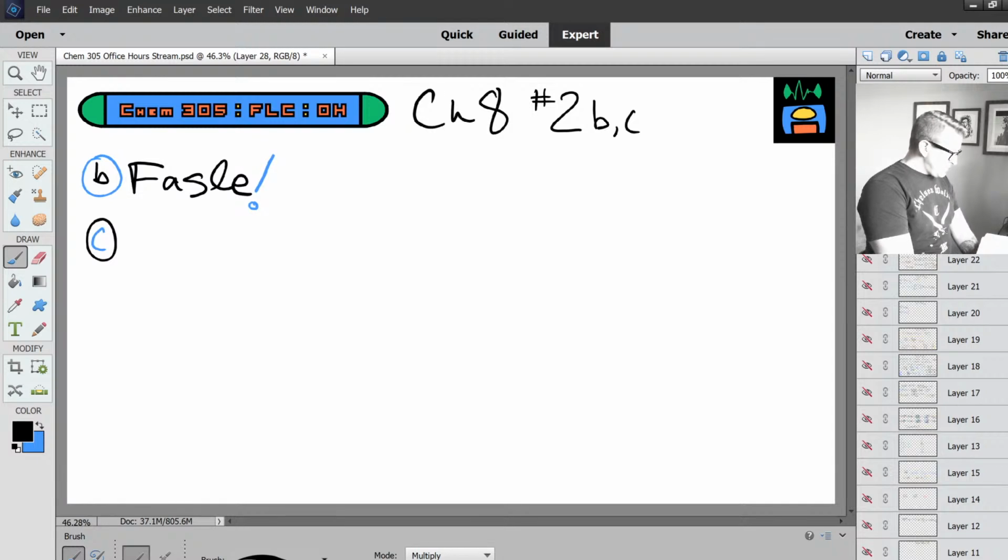Solutes are present as individual particles in a solution. I don't understand the question, so I'm just going to say true.